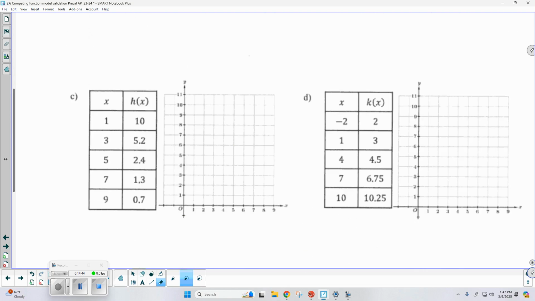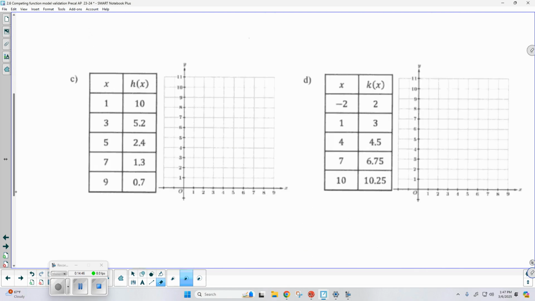Okay, you folks in the middle, C. What are we thinking? Exponential, why? So what does it look like they're multiplying by? Close to 1/2. There we go. So let's do a couple of these. If I multiply through by 1/2, because we're believing this is exponential, half of 10 is 5.